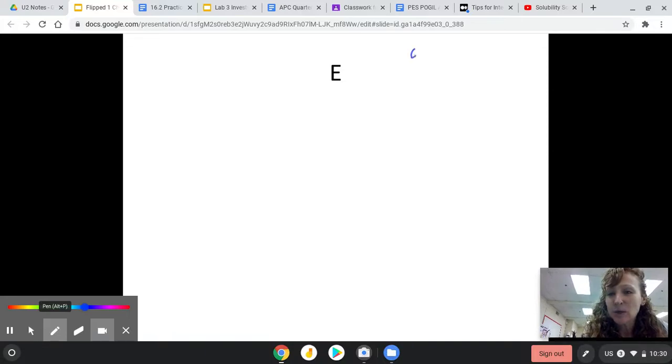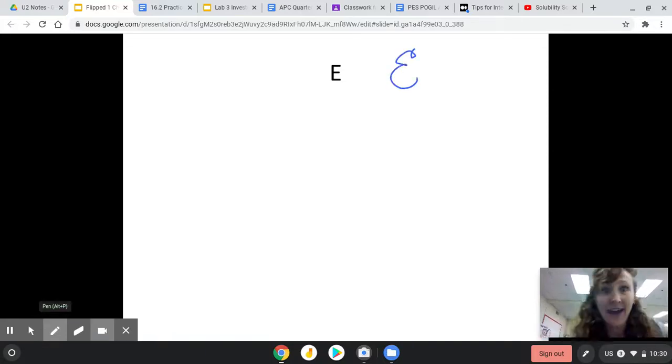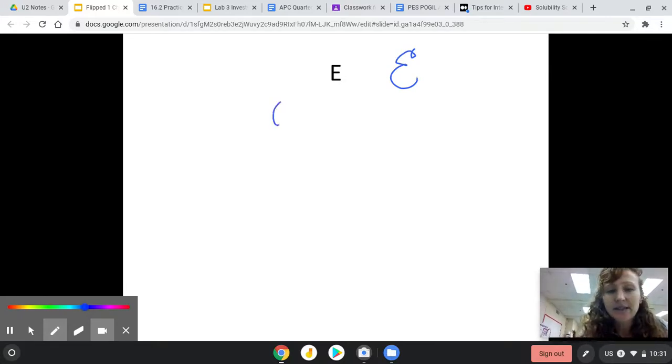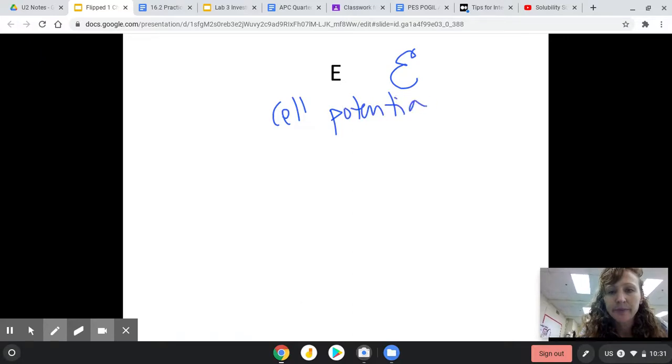You'll see it written more like that. And this is called the cell potential. It's how much work, basically, the cell could possibly do. It's going to be measured in volts.